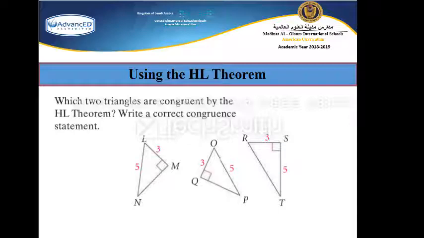Here, if you look at the first triangle LMN and the other triangle OQP, both of them are congruent by the HL theorem, because we have LN and OP, the hypotenuses, both congruent, and the other two legs, LM and OQ, also congruent. Then we have the hypotenuse and leg on both triangles congruent, so both are congruent by the HL theorem.